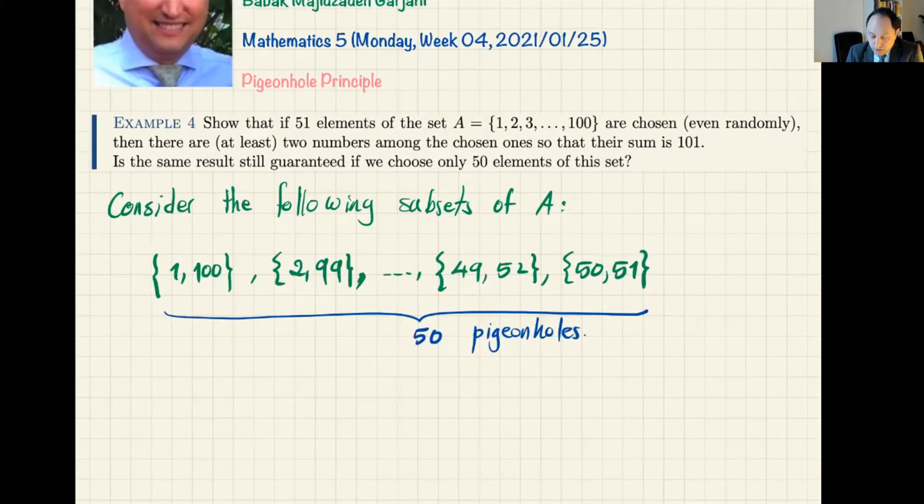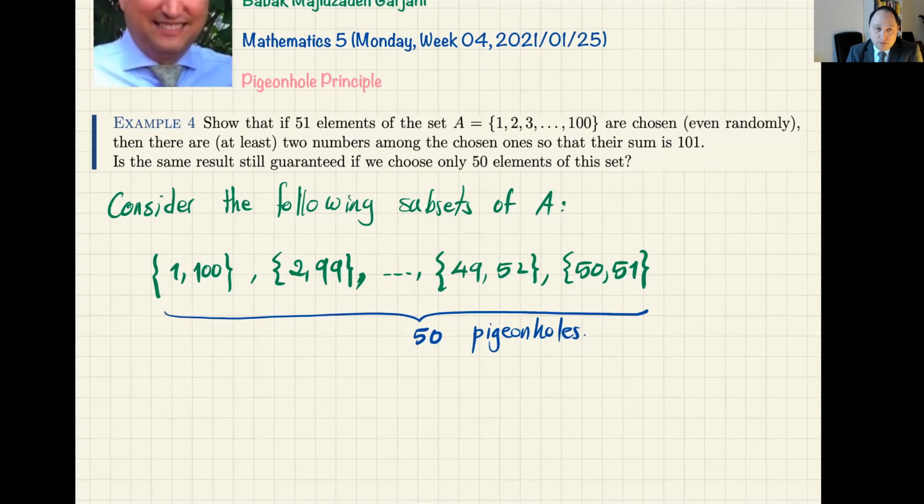So if I just choose 50 numbers, it is clear that this is not enough. If I choose 50 numbers randomly, it's not very likely, but it might happen that the first one is 1, the second one is 2, the next, the 49th one is 49, and the last one is 50. So I have 50 numbers in my list.